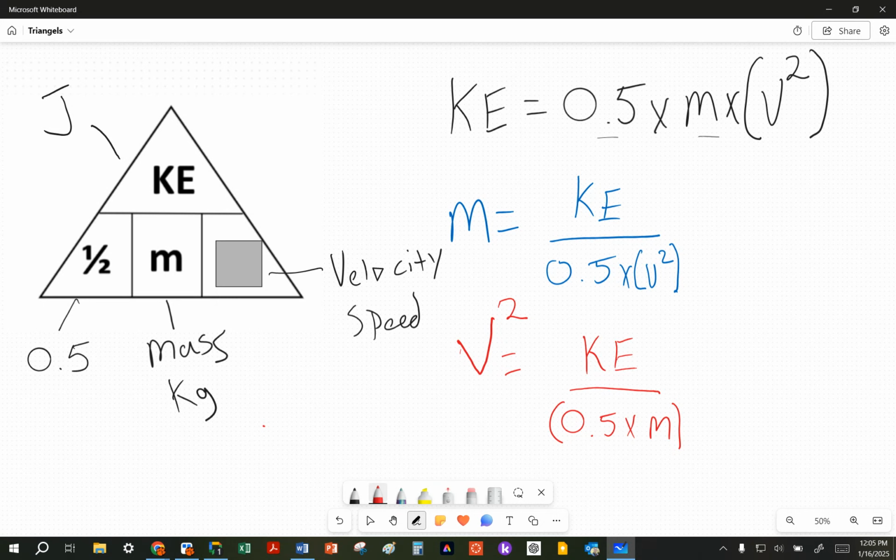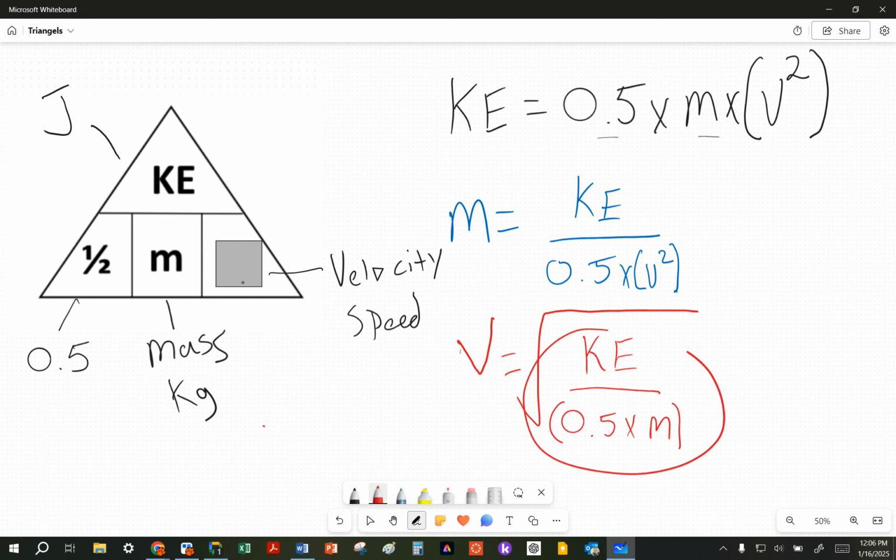So in order to get rid of a square, you need to take the square root. So whatever you get here, you need to take the square root of that whole thing. That will get you the number that I'm looking for. That's going to get you the right answer. So a lot of times students forget to do that. So what I like to do with this one is you do all this math first.